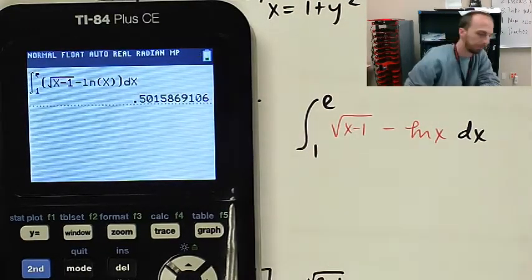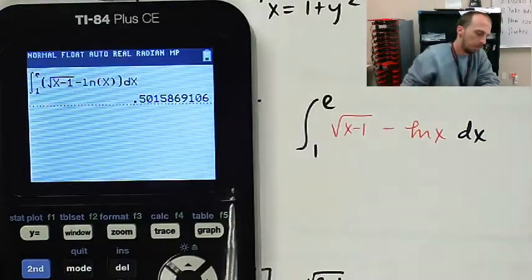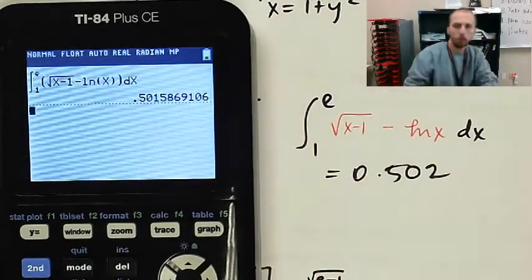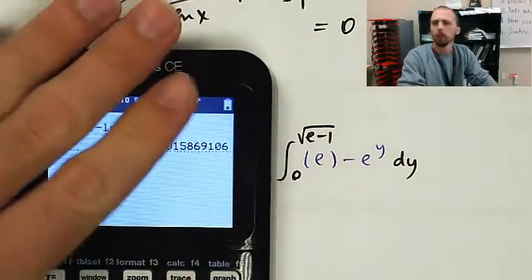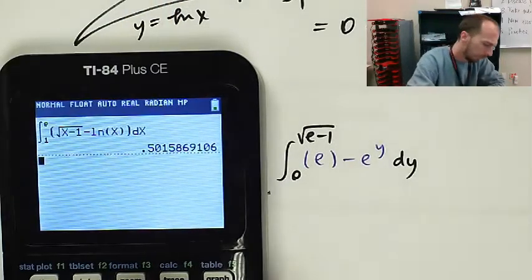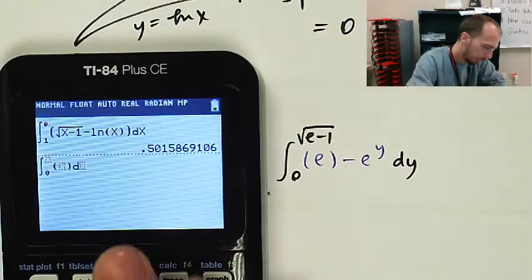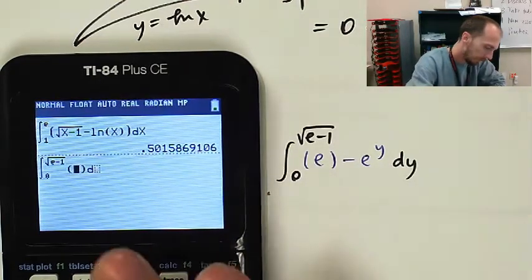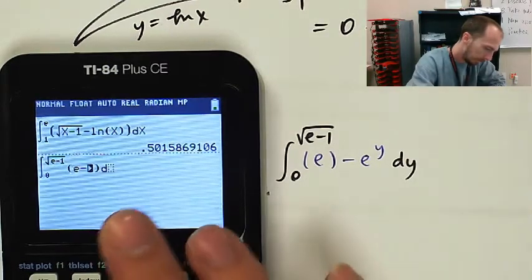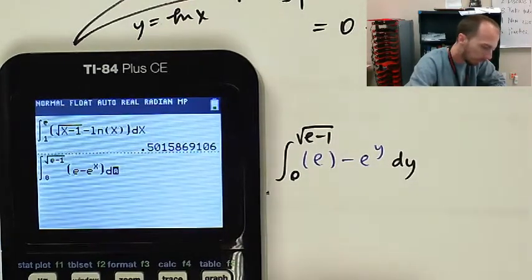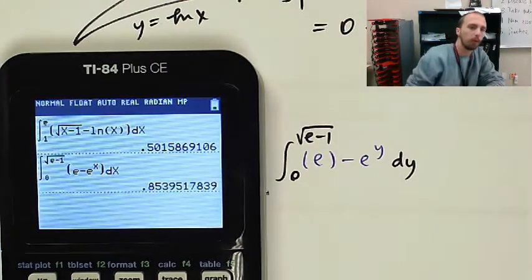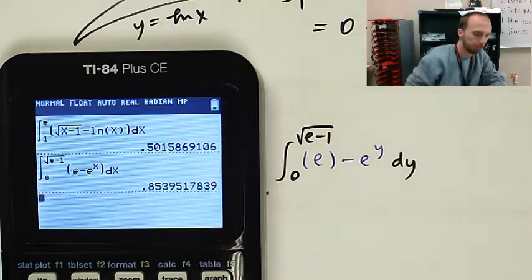Let it think. 0.502, or 501. I'm going to show you that these actually give you the same thing. So the integral from 0 to the square root of e minus 1 of e minus e to the y, which we're just going to use the letter x on the calculator. It is the same thing. And that's 0.854.